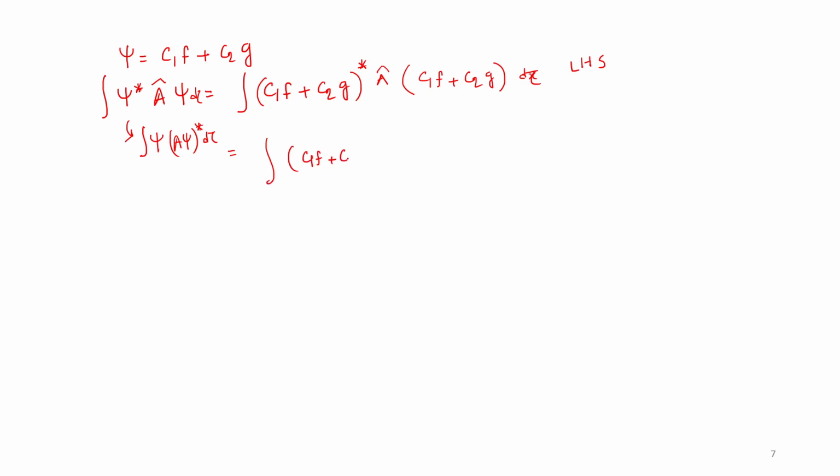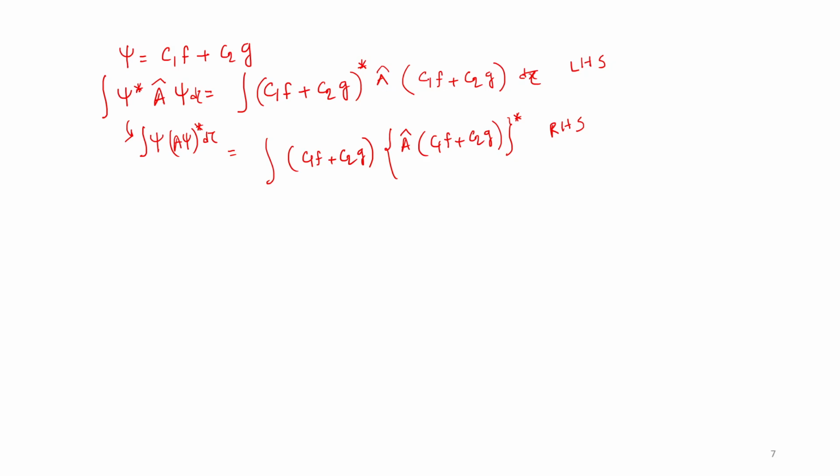C1A plus C2G. Now A and C1A plus C2G, and whole star, this is the right hand side. Is it making any sense what we are trying to do?